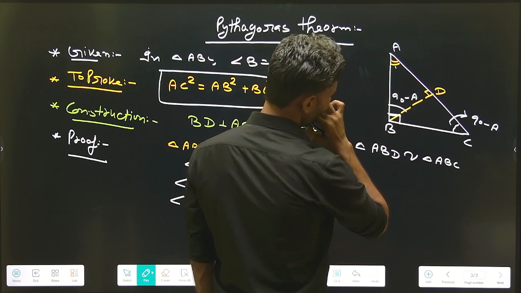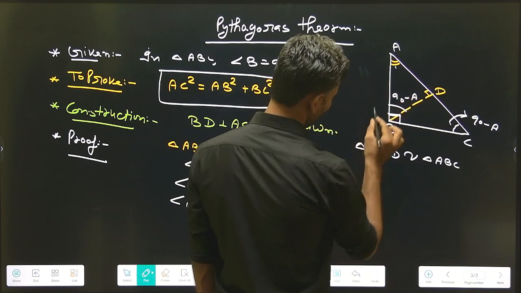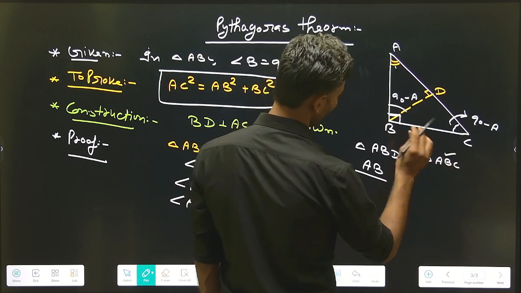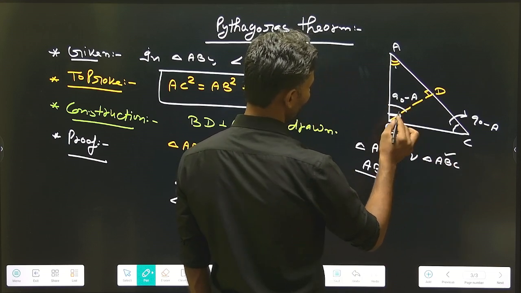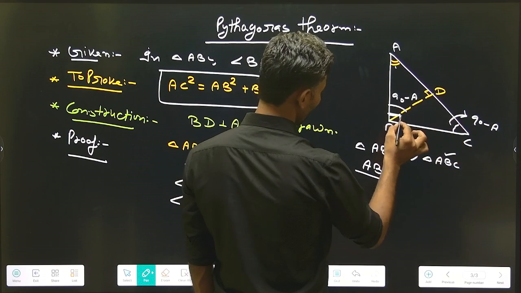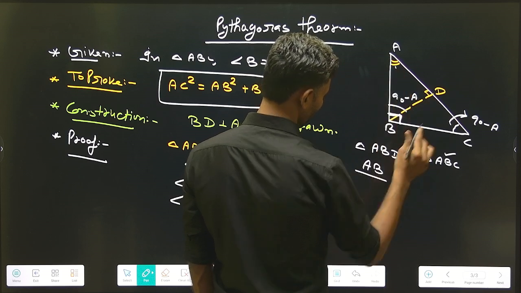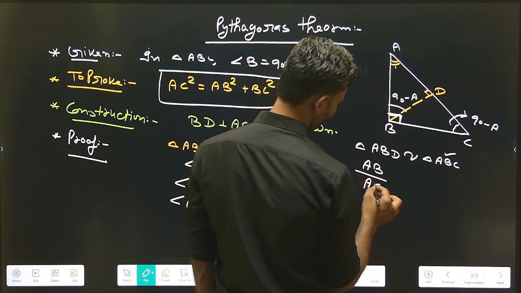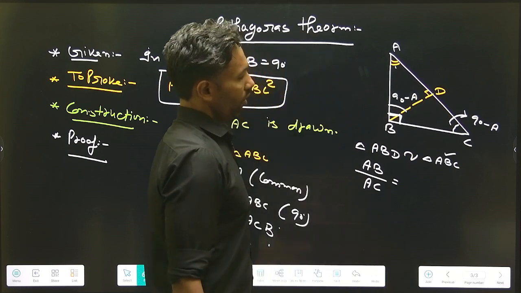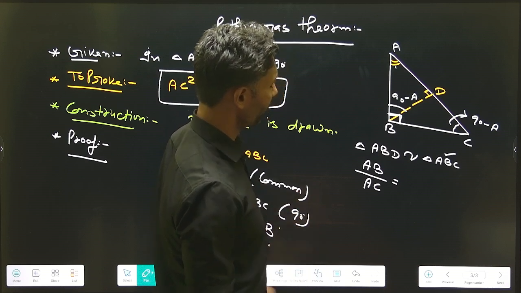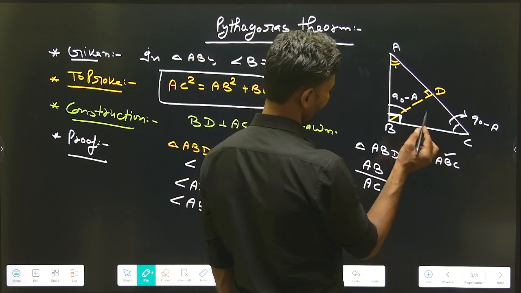Okay, so we can say AB upon, now see in triangle ABC which side is opposite to the 90 degree angle. In triangle ABC, angle B is 90, so the side opposite to this 90 degree angle is AC. So we can say AB upon AC will be equal to, now I will use another side which is opposite to angle 90 minus A.